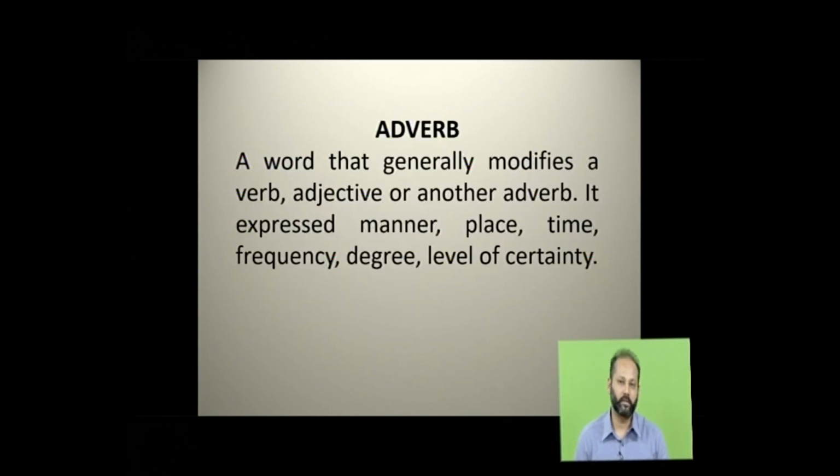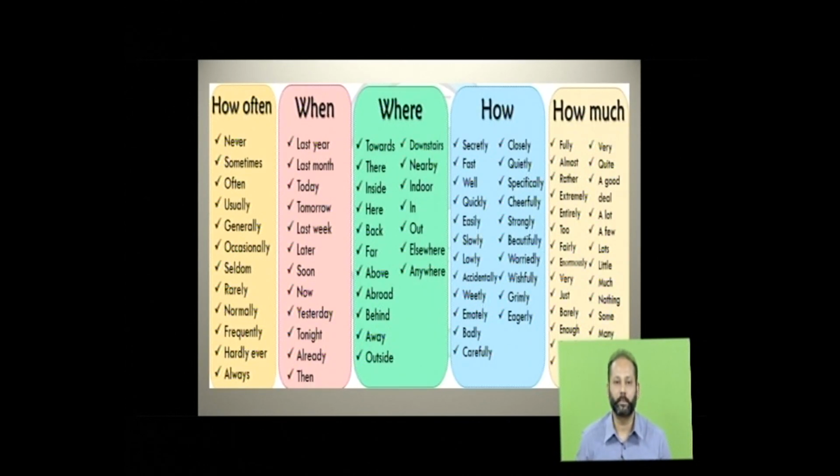Next further we have adverb. Adverb generally modifies a verb, adjective or another adverb. It expresses manner, place, time, frequency, degree, level of certainty. Right? So a word that modifies a verb, adjective or another adverb. Let's go to the examples.